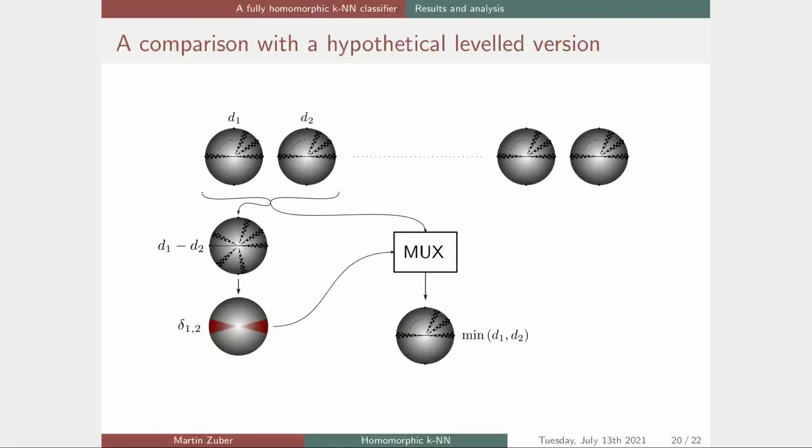Now, to give an example, for instance, with the 64-bit version of TFHE, we have a precision of 64-bit, and using an identity bootstrapping operation, we would go down to about 8 bits of precision, which would affect the overall precision of the KNN classification.